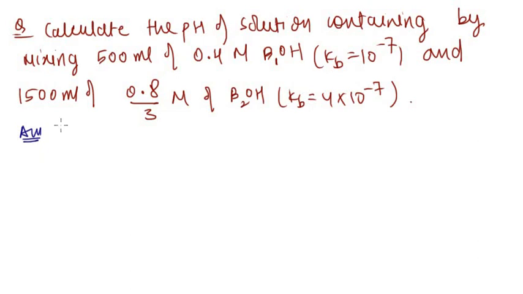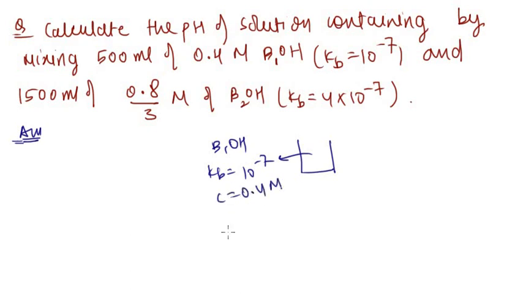Now we have a problem over here. It says calculate the pH of a solution containing a mixture of two bases. We have one base, B1OH. Its Kb is 10 raised to the power negative 7, its concentration is 0.4 molar, and the volume is 500 ml.